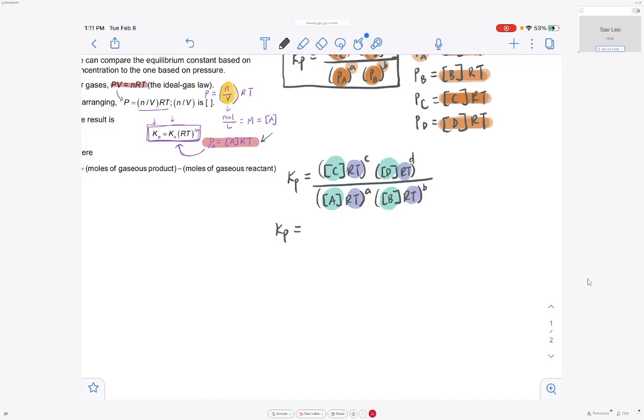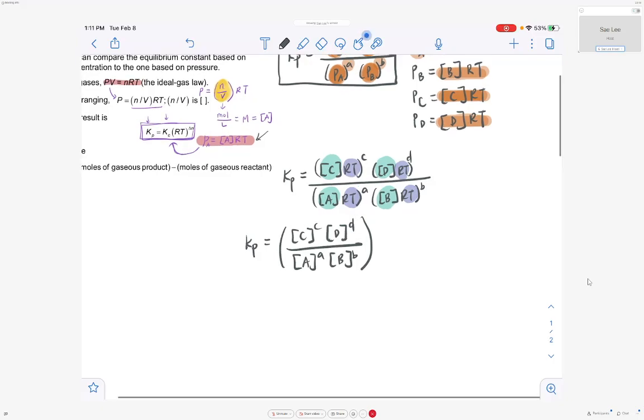If we put all the concentrations on one side, we get this, and if we put all the RT expressions on one side, we will have RT raised to this power.